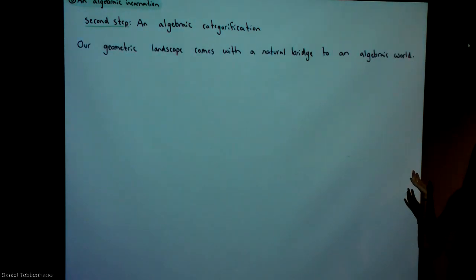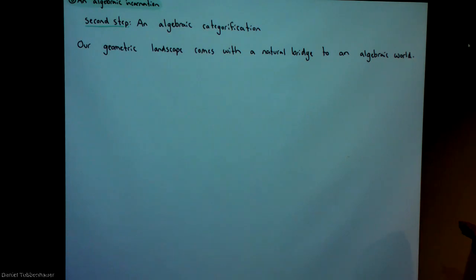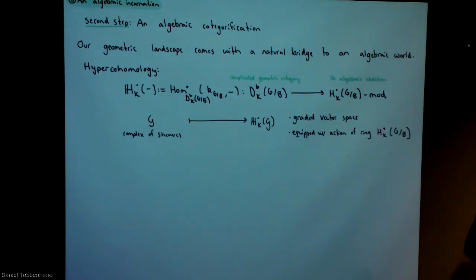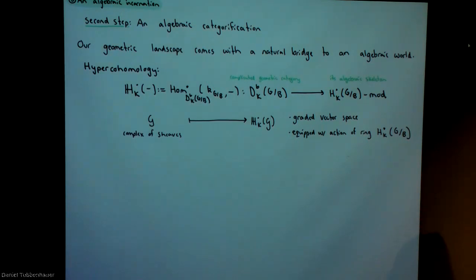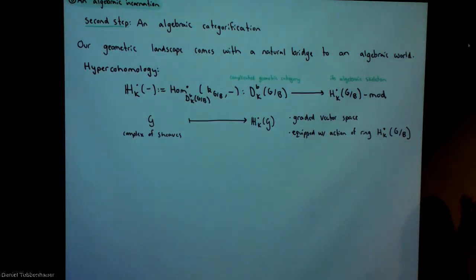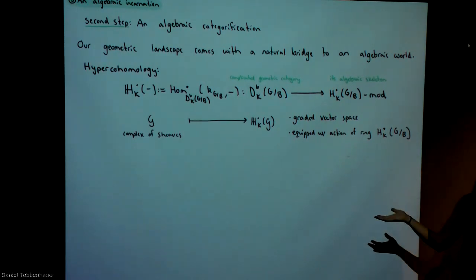And one nice thing about this geometric landscape, this machine of equivariant derived categories, is they come with a really natural bridge to an algebraic world. And that bridge is the hypercohomology functor. So if we take one of these complexes of sheaves in our equivariant derived category, we can take its hypercohomology, and this spits out a graded vector space.